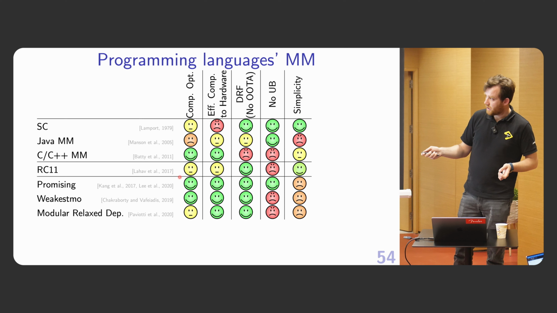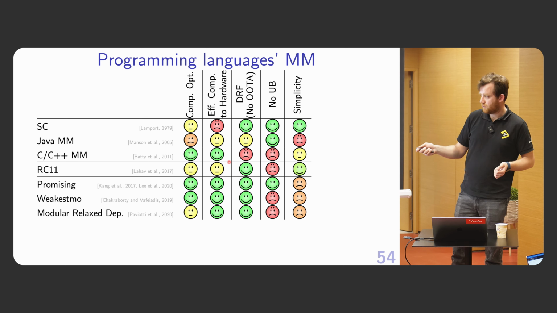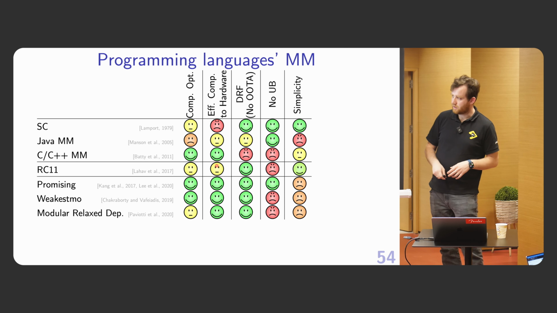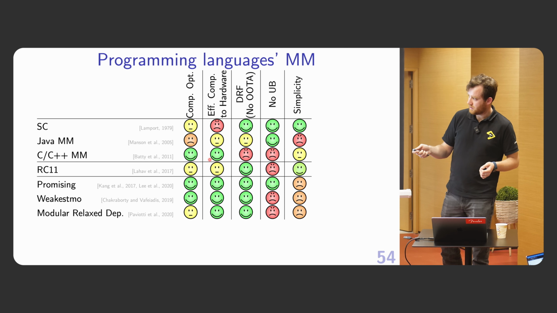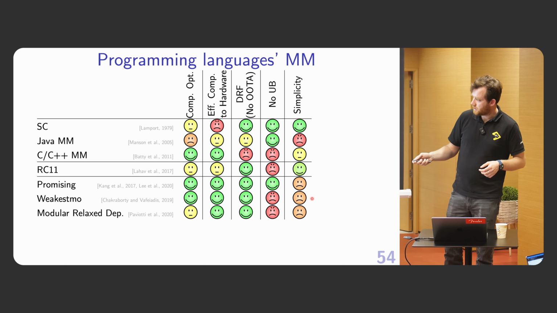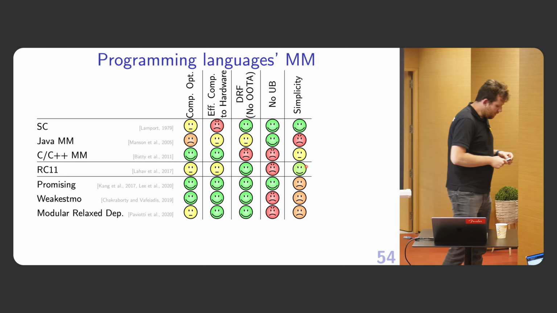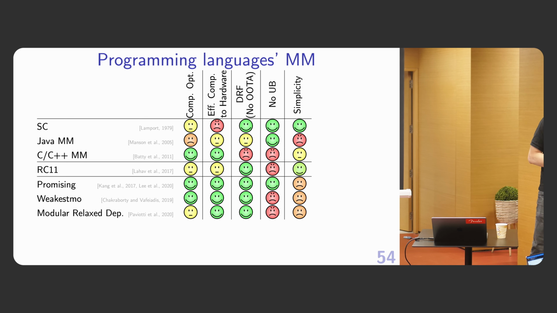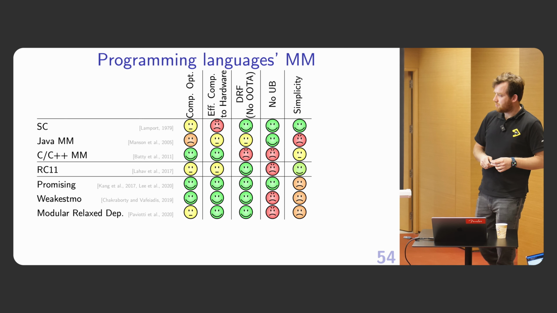The drawback, as we saw, is that there are still some performance issues compared to the existing C++ memory model. You could probably do something more if you want, but then it will lead to harder memory models, which are understood by only a couple dozen people.